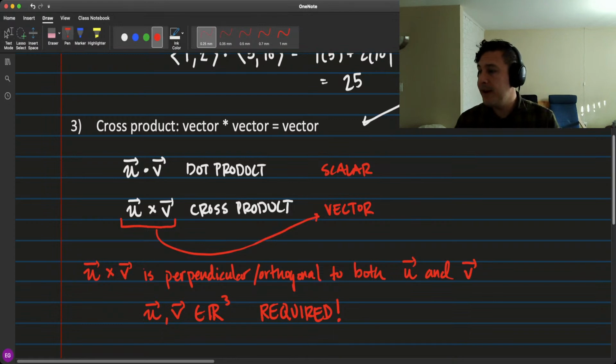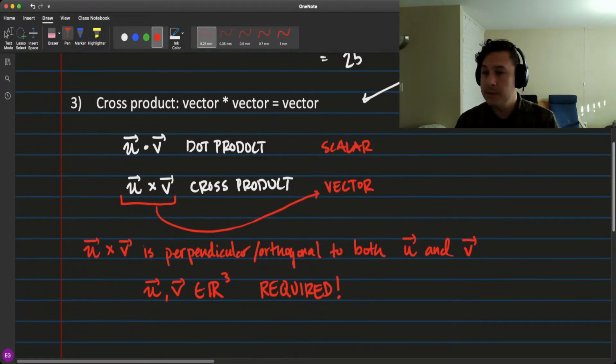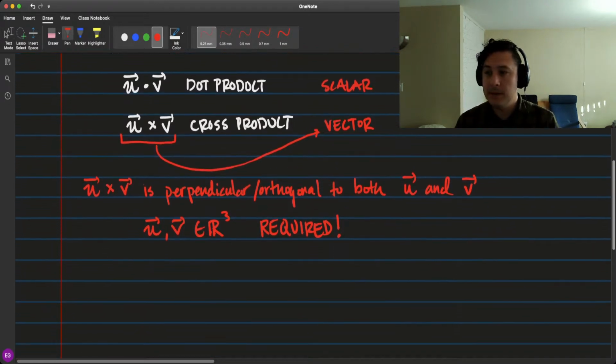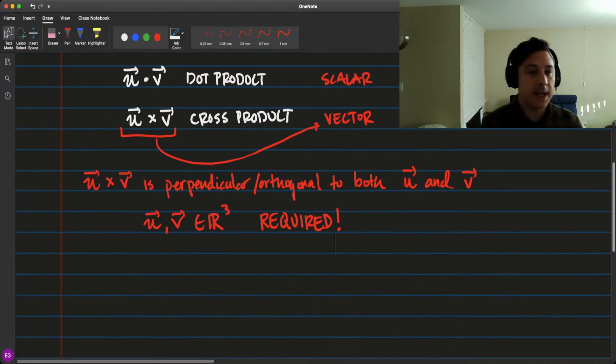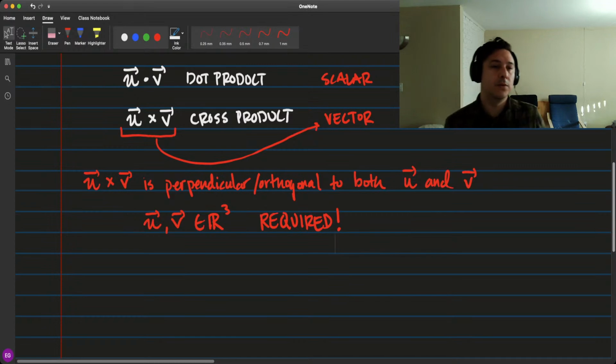Okay, and perhaps you remember the right-hand rule? Do we remember what the right-hand rule said? I talked about this when we first started talking about vectors in R3.